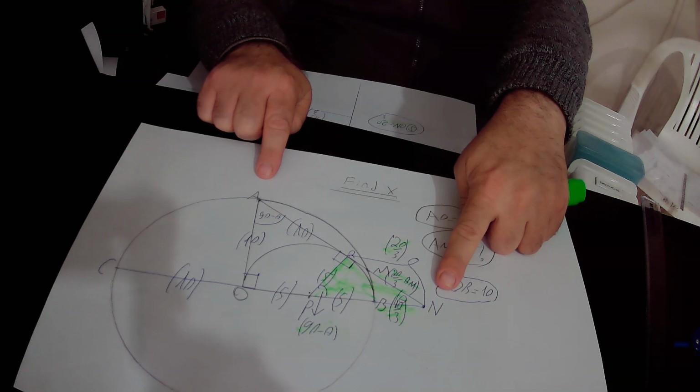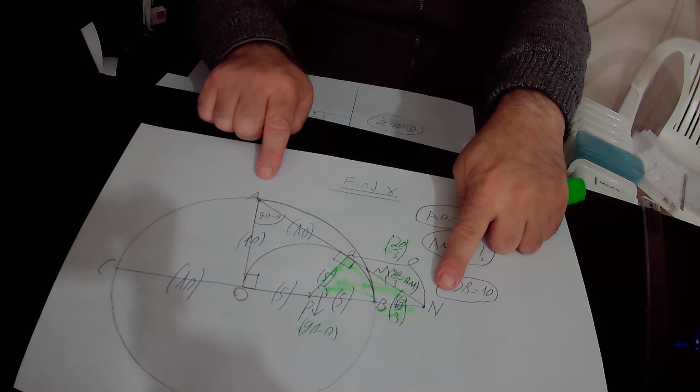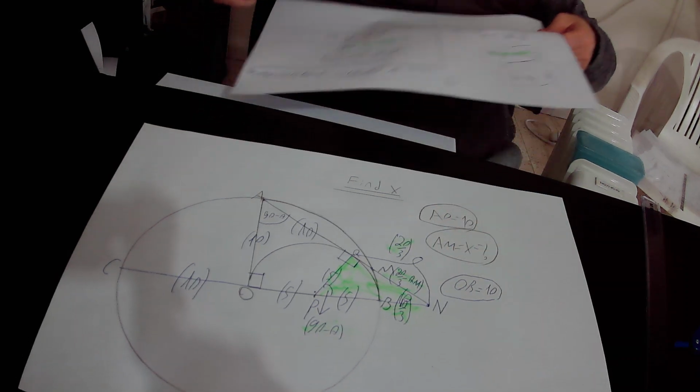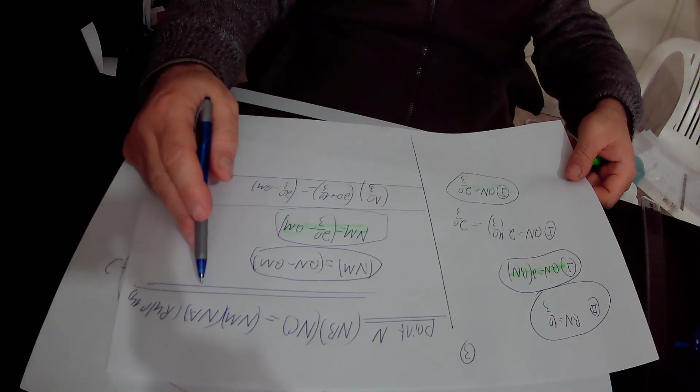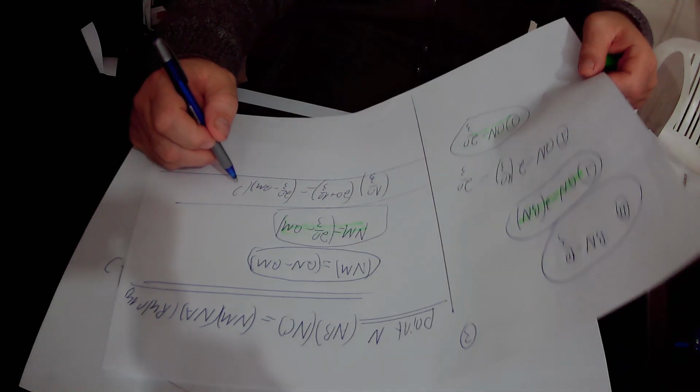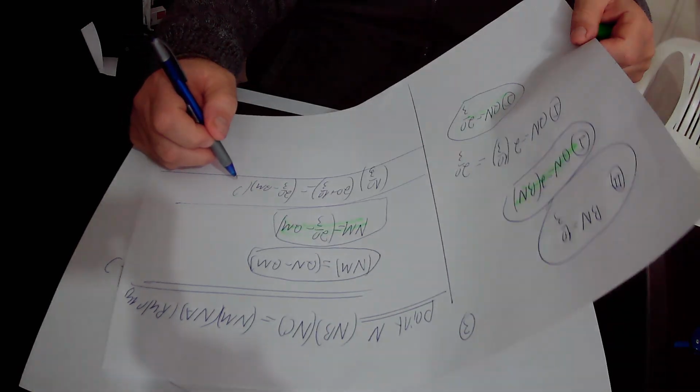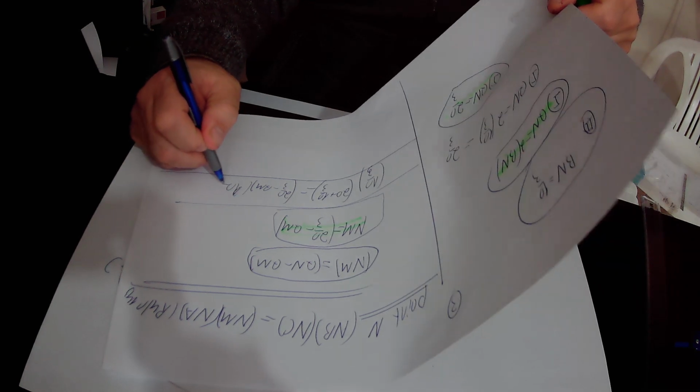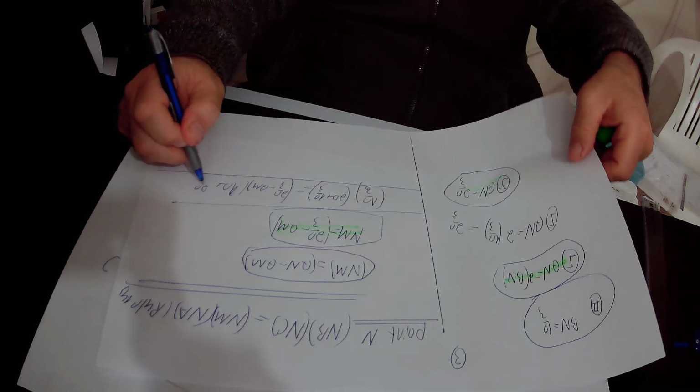That is to say, AN equals AQ, that is 10, plus QN, that is 20 over 3. So in total, AN or NA equals 10 plus 20 over 3.